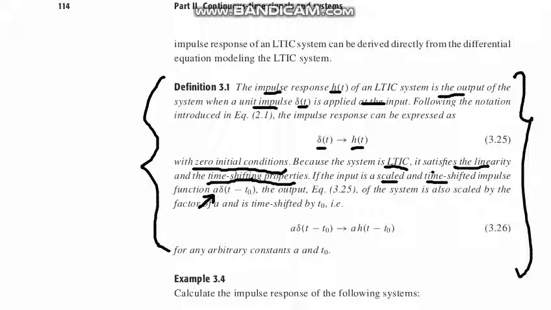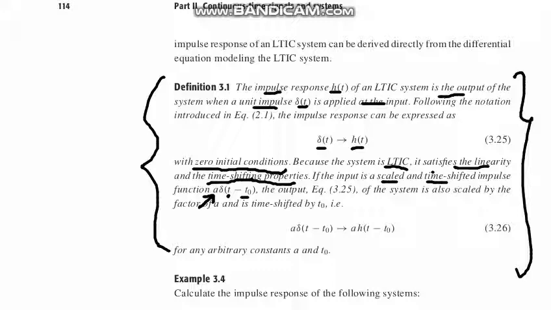And time shifted, you know it better, is t minus t naught. If it is minus, that will be time delay. If it is plus, time advance. For the time shifting property, please go to the previous lectures on basics of signals and you will be clear.